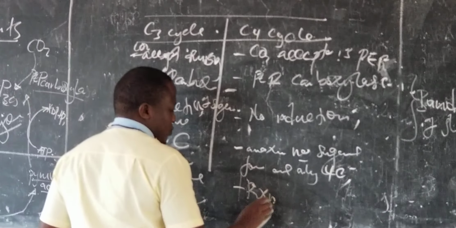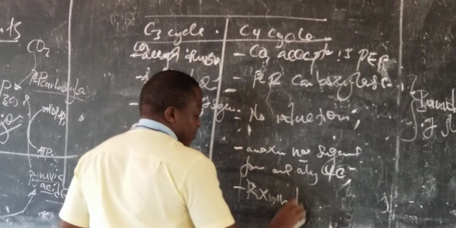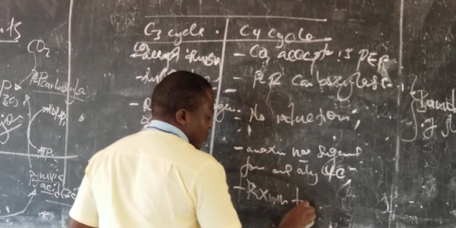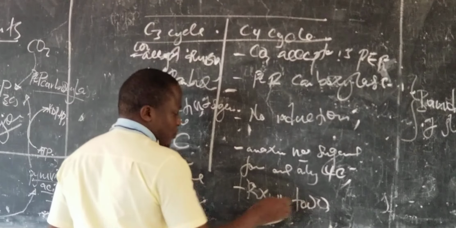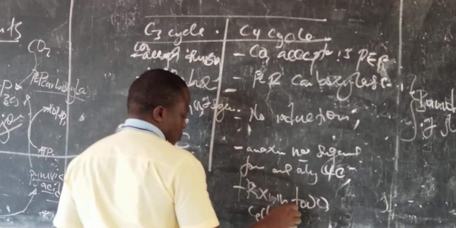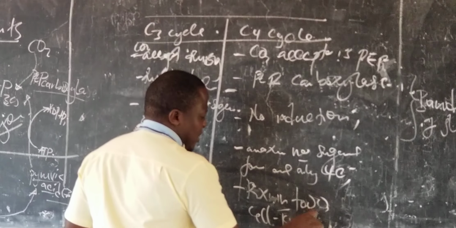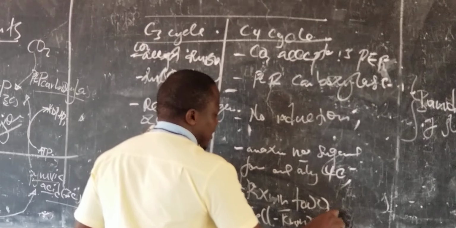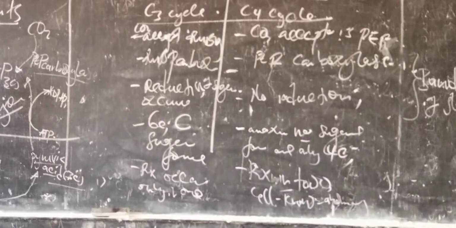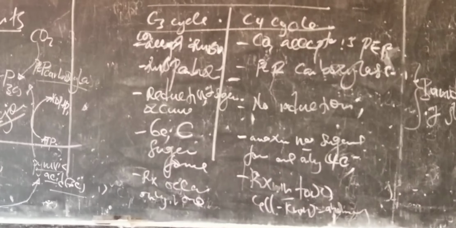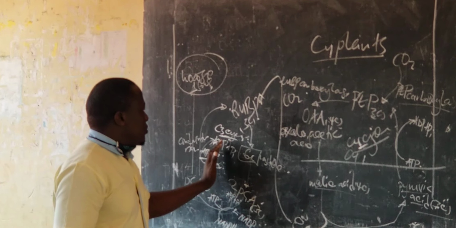In the C4 cycle, the reactions proceed in two cells. That is what we call Kranz anatomy. So you can simply say Kranz anatomy occurs here, and on this side we don't have any Kranz anatomy. So probably that is what we have in the cycles and how these cycles differ.